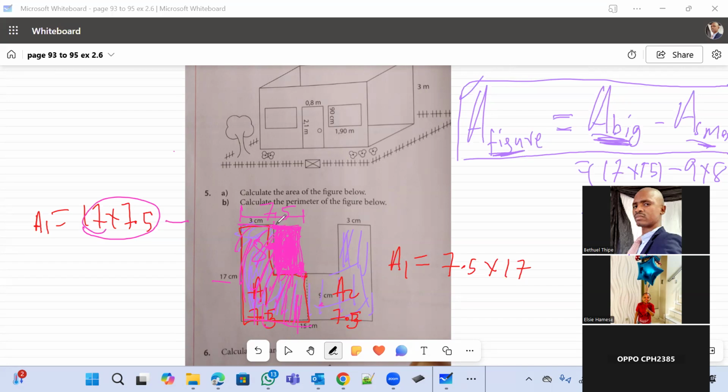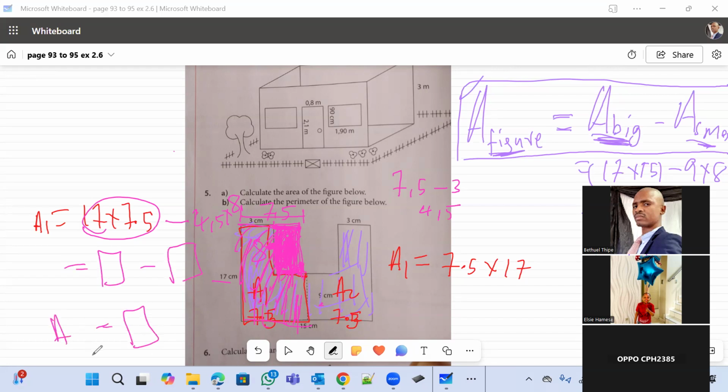This piece from here to here is 4,5. 7,5 minus 3 is 4,5. So now we must take out the area of this piece, which is 4,5 multiplied by 8. And then here we get a number minus this, and then we are going to get that.